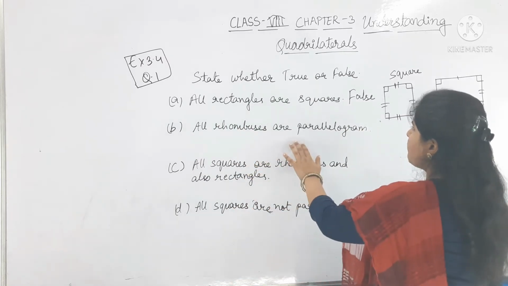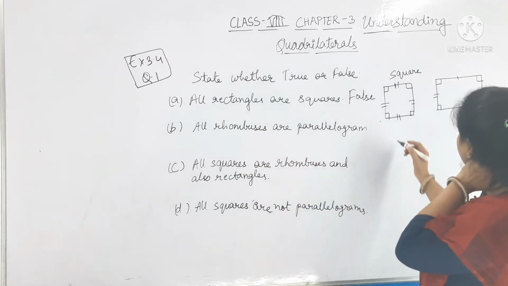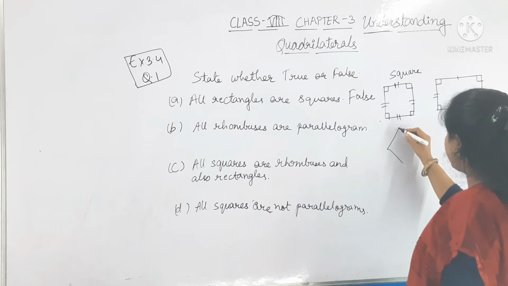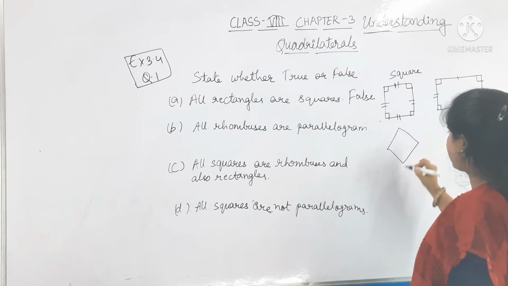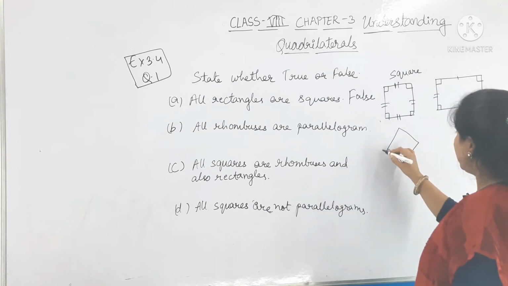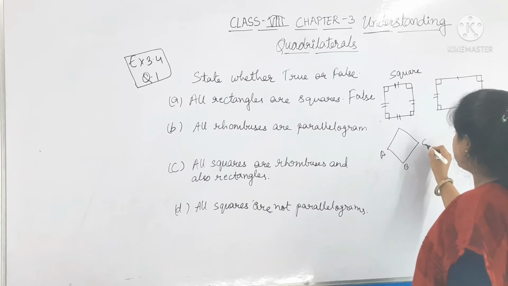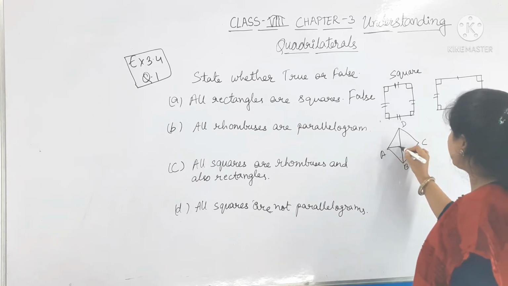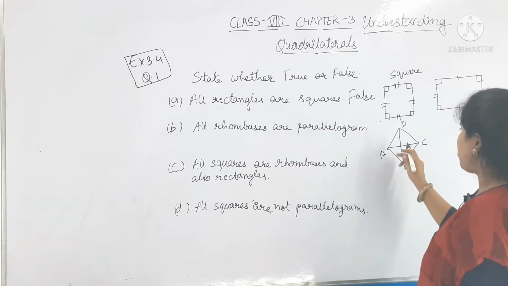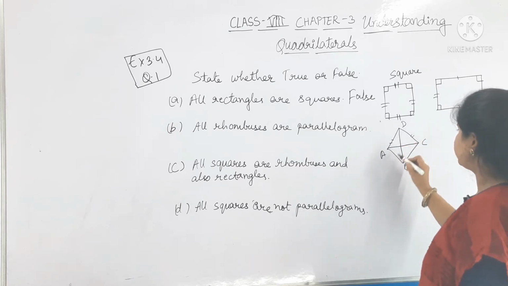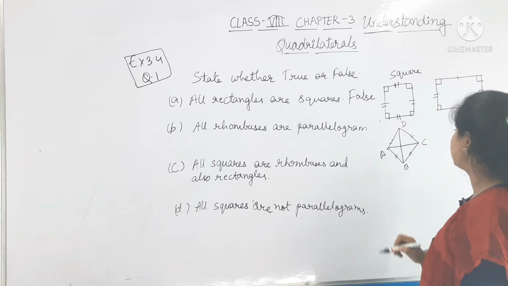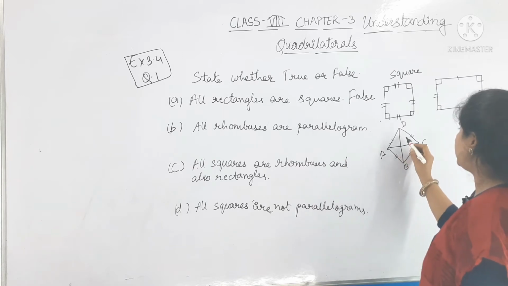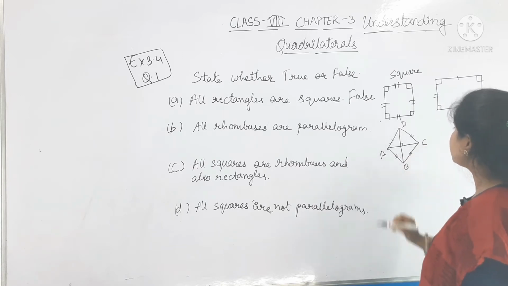All rhombuses are parallelograms. So a rhombus is like this. A, B, C, D. Here the diagonals are equal, all four sides are equal, and this is the 90 degree angle.